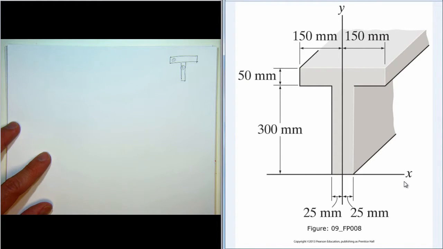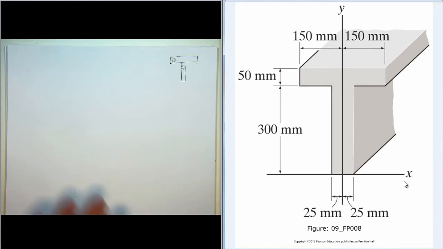And first of all, what is the x coordinate for the location of the centroid? Well, you should see that there is a plane of symmetry, the YZ plane, or it's symmetric on either side of the y-axis if we're looking just in 2D. So the centroid is on the y-axis, so x bar is 0.